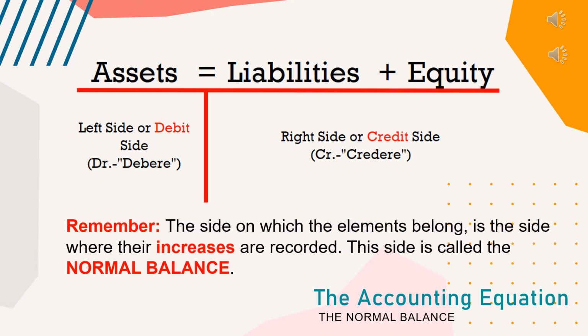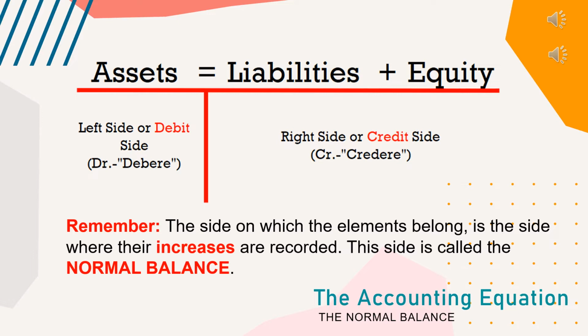Now again, before we define these three terms, it is important that we illustrate or describe the increases or decreases of these elements of the accounting equation by discussing their normal balance. To introduce an easy way of recalling the normal balance of the elements, assets, liabilities, and equity, we can draw a letter T to describe the two sides of the accounting equation.